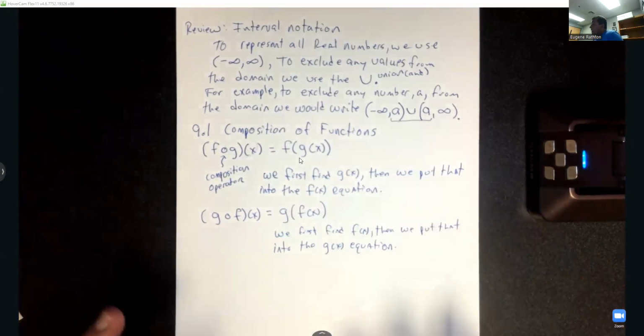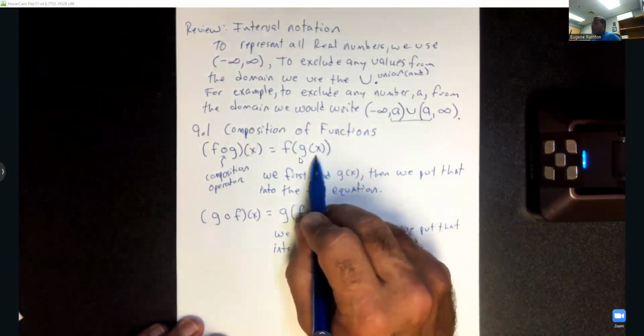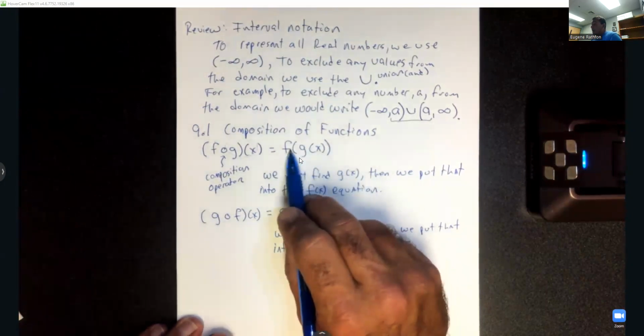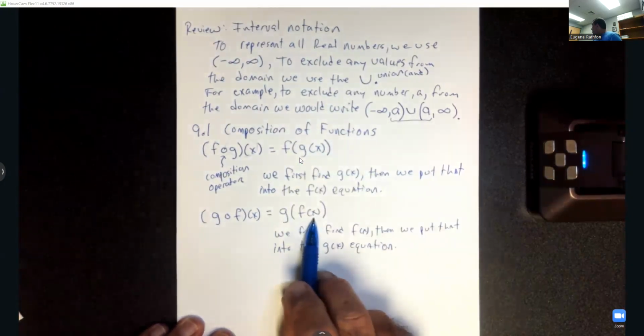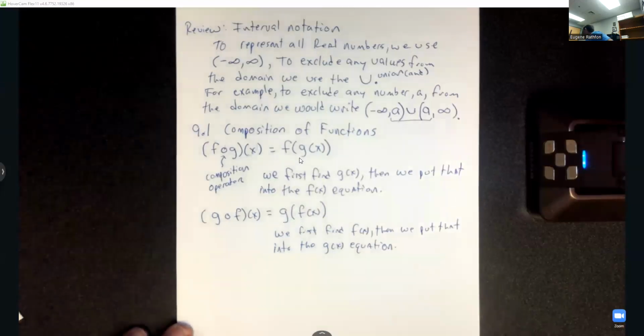So this is easier when they give me a number, because if they give me a number, I'll put that number in for my g equation. And then whatever answer I get goes into the f. Down here, if they give me a number, I put that into the f of x equation. And then that answer goes into my g.